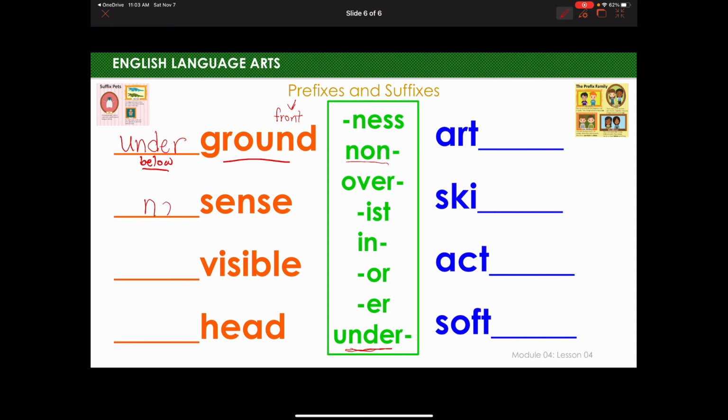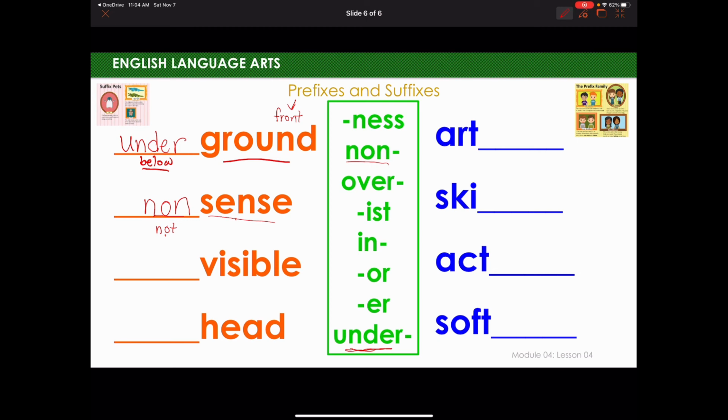Another example of a prefix would be non. If I ever see the prefix non in front of a word, non means not. So if I have the word nonsense, that means I have something that does not make sense. Like nonsense words, right? Nonsense words are words that do not make sense. They're not real words.